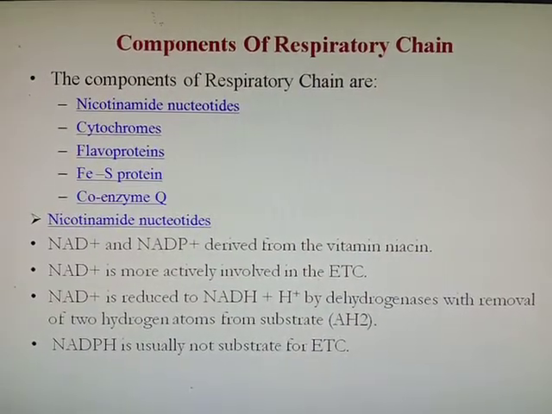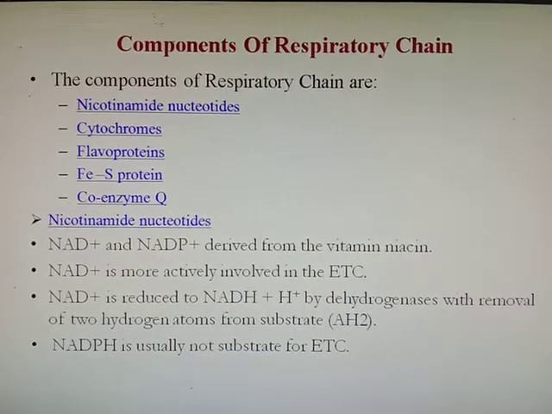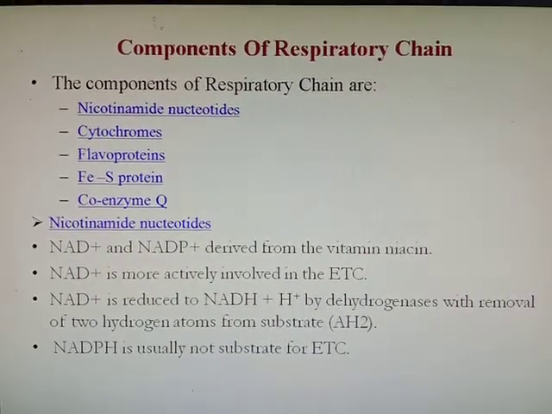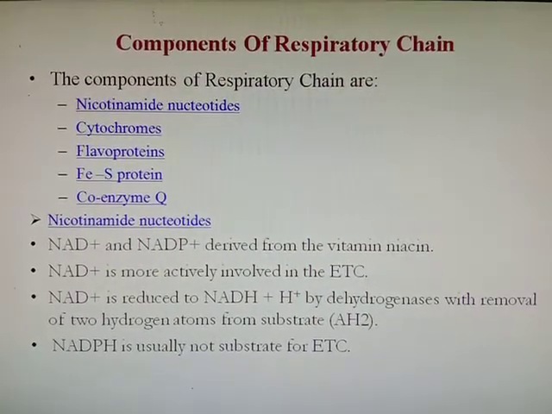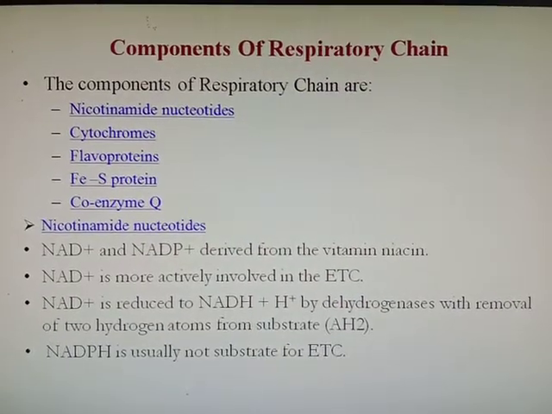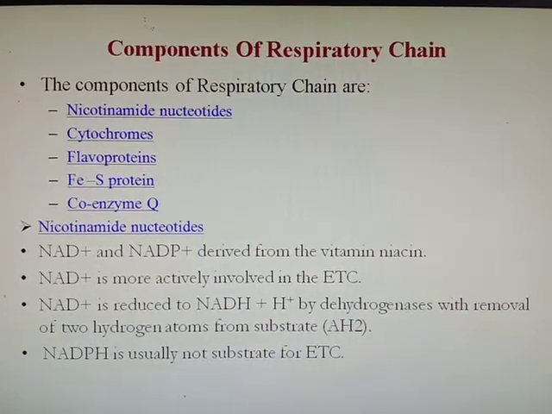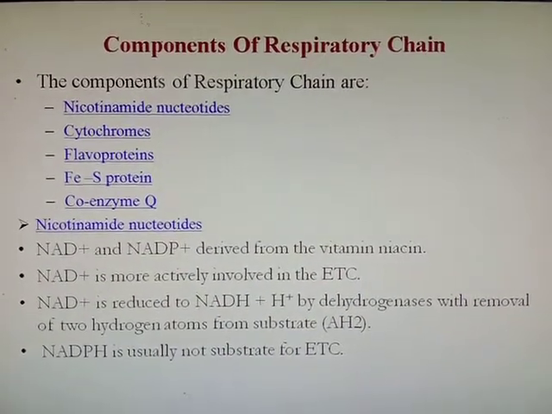NAD is more actively involved in the electron transport chain. NAD is reduced to NADH and a hydrogen ion by dehydrogenase enzyme with the removal of 2 hydrogen atoms from the substrate. Then this NADH will further get oxidized to transfer its electrons through the electron transport chain. NADPH is usually not a substrate for the electron transport chain.